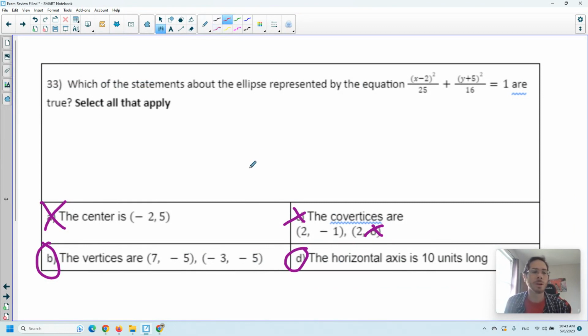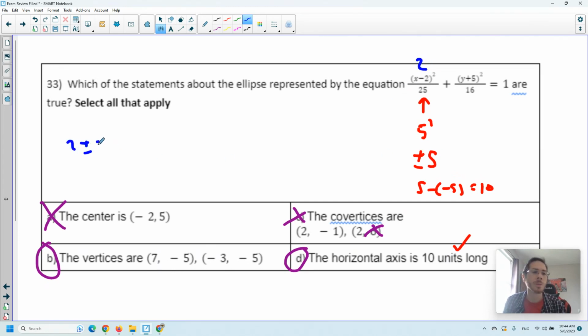If we want to do it without the graph, the way we can prove D is we could look at this 25, which is 5 squared. And then the horizontal axis, if we were to solve for this, we would get plus or minus 5. So the difference between +5 and -5, so 5 minus -5 is 10. So we can double check it that way. If I want to double check the vertices, since I've got this plus or minus 5 here, I know I'm starting at 2.